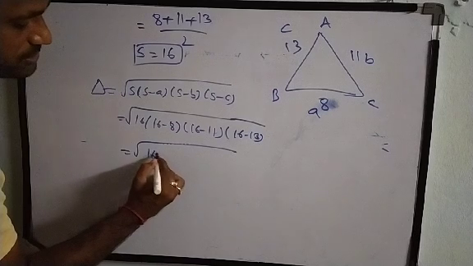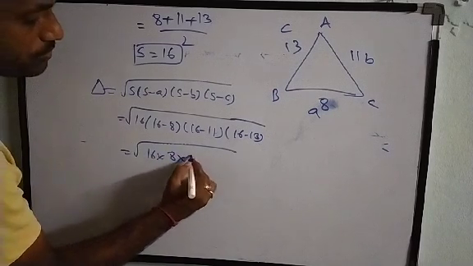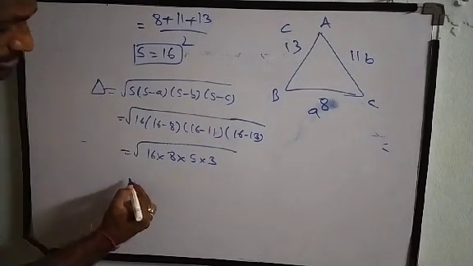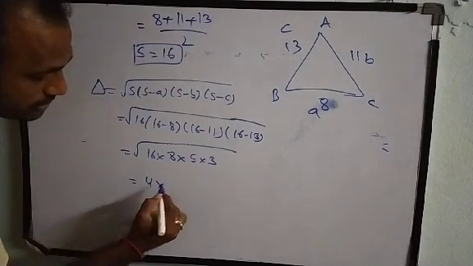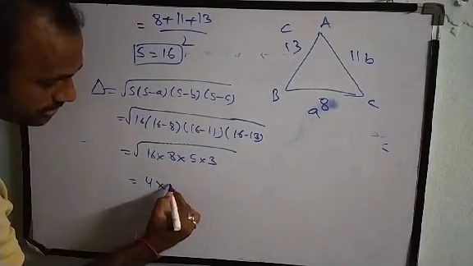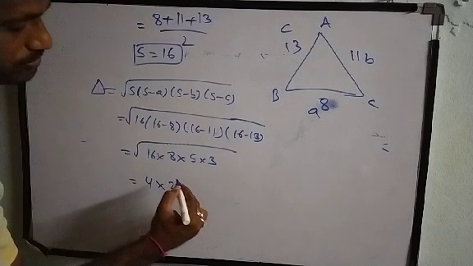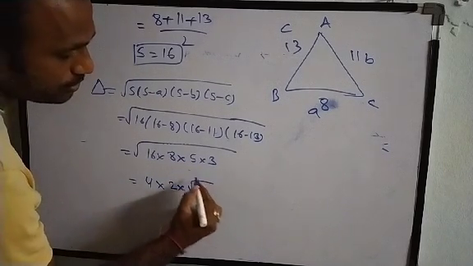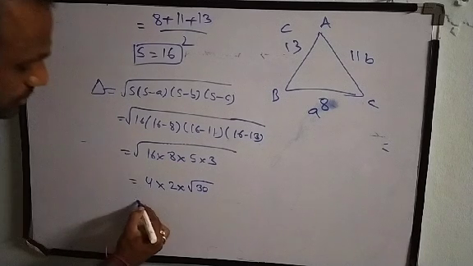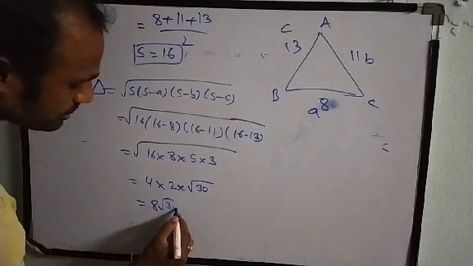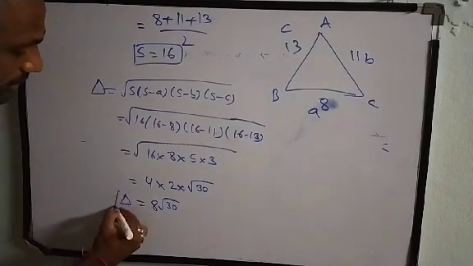That is root of 16 into 8 into 5 into 3. This can be written as 4 into 2 into root of 30, so 8 root 30. This is the area of the triangle.